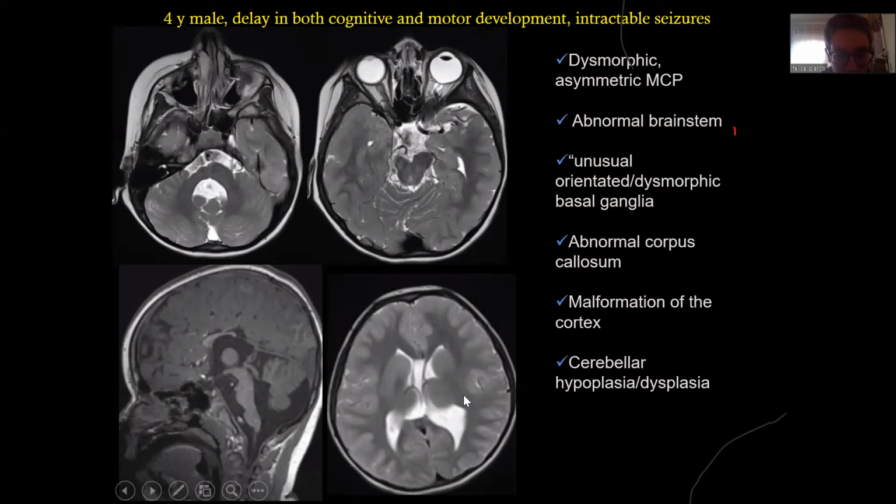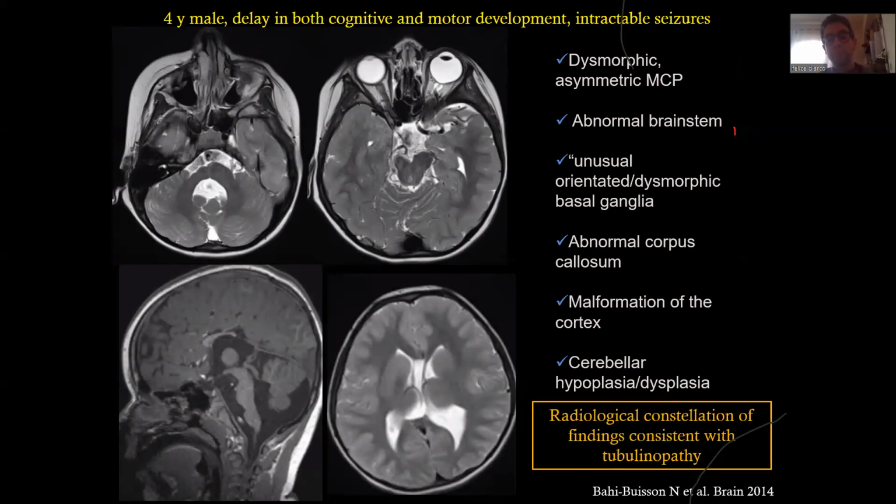There are also malformations of the cortex, not very easy to see here, but you see normal cortex here is over-convoluted. Sometimes they are very striking and there is lissencephaly. Abnormal corpus callosum, very, very small. This is dysmorphic corpus callosum, and cerebellar hypoplasia and dysplasia. This constellation of findings, so brainstem abnormality, cerebellar abnormality, corpus callosum, abnormally rotated basal ganglia, and malformation of cortical development, are typical of tubulinopathy.